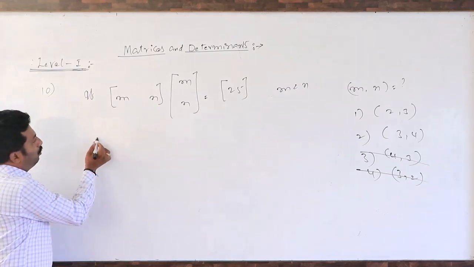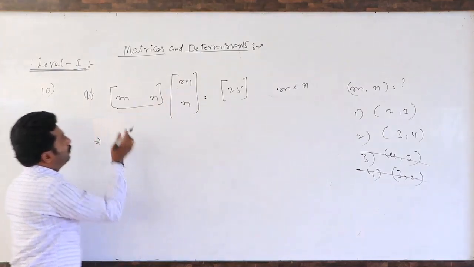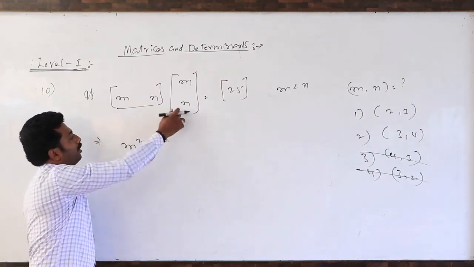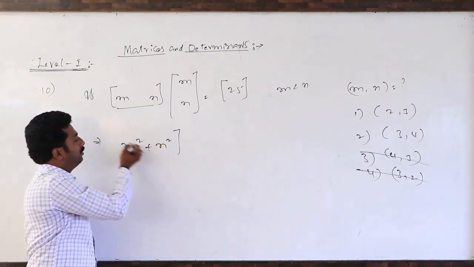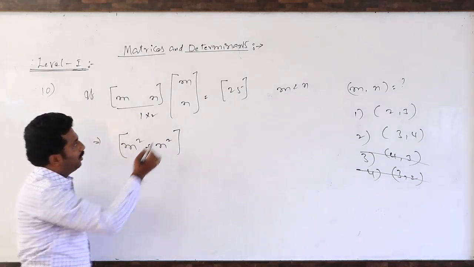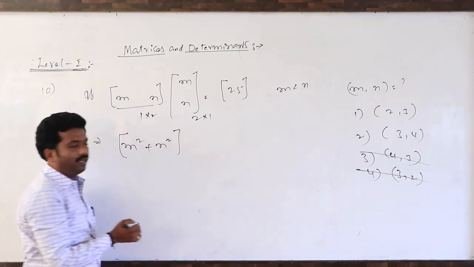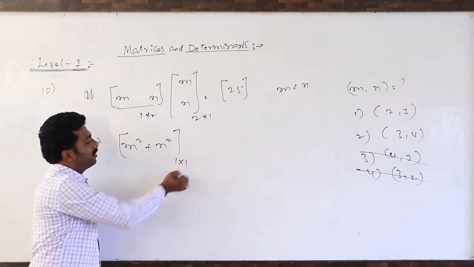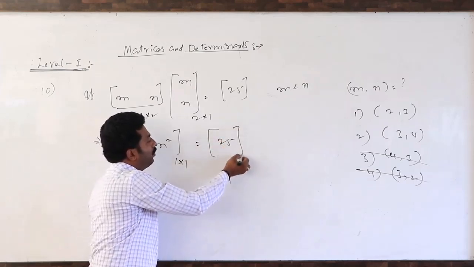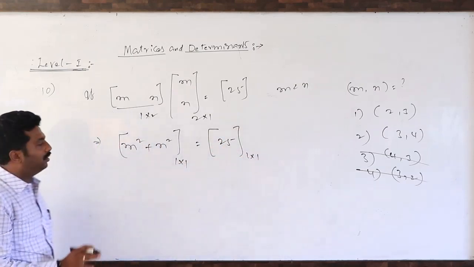See, the first is a row matrix and the second a column matrix, so the product is m squared plus n squared. You observe, this is a 1 by 2 matrix order, this is a 2 by 1 matrix order, so the resultant matrix is 1 by 1. The right side is also a 1 by 1 matrix, so both are equal.